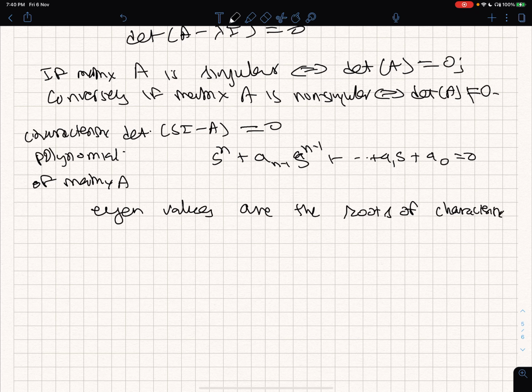This is not the definition of eigenvalues. Please understand that many times when I ask people what an eigenvalue is, they say that it is the root of the characteristic polynomial. But that is not the definition of eigenvalue.